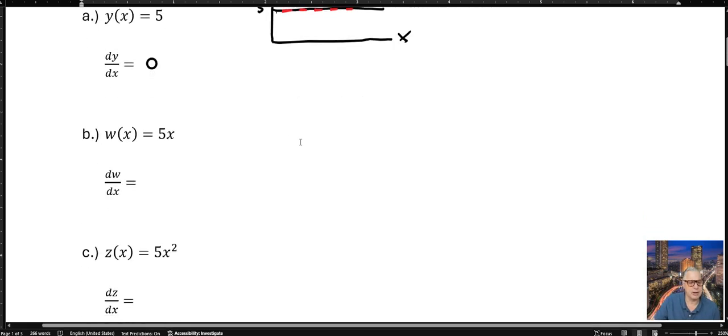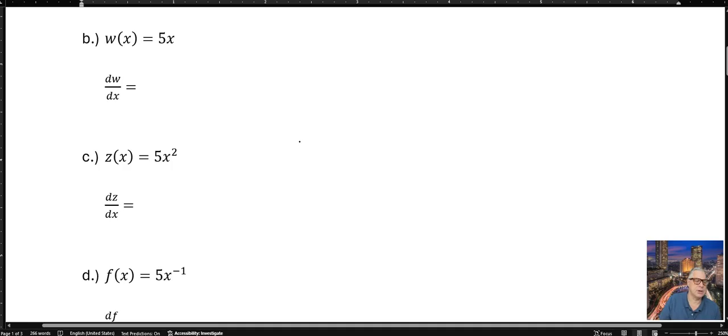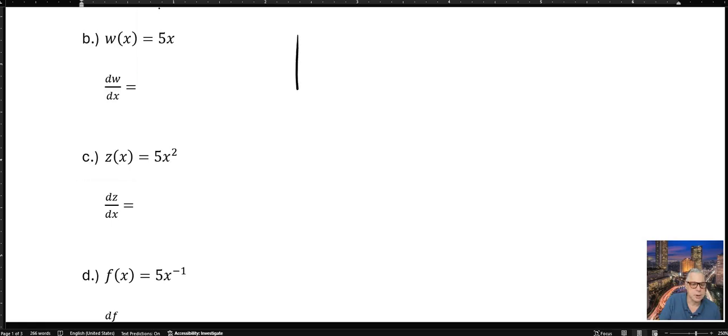Okay, so now we have another function, w of x. So this function is called w. And that is a function where we have here w.